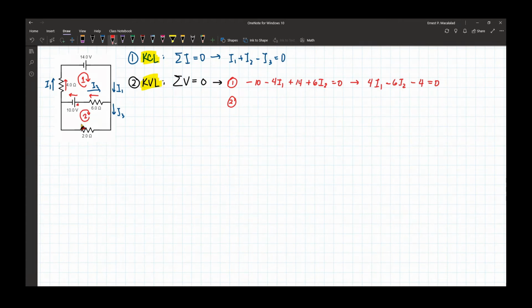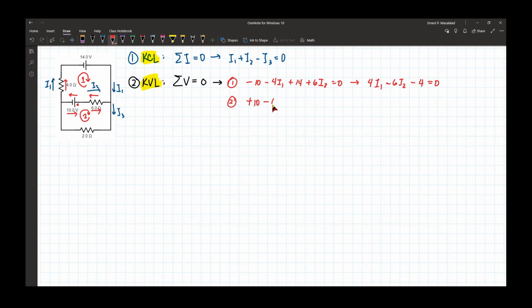Okay, next would be this loop. So let's start with 10 volts. The loop here is in this direction, so this is from negative to positive, so that's a voltage gain, so that's plus 10. Then the loop here goes in this direction, but the current also flows in the same direction, so that is a voltage drop.